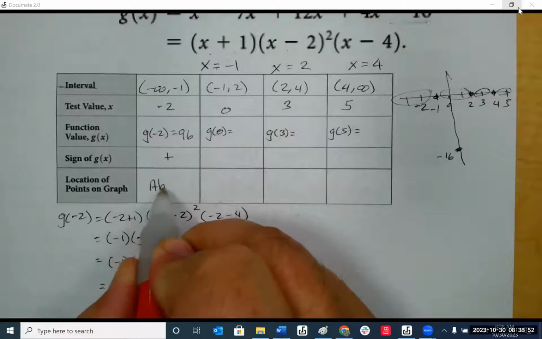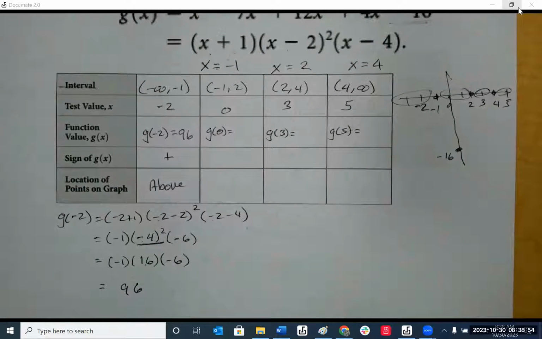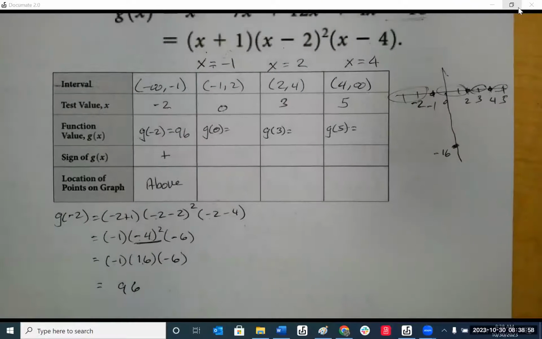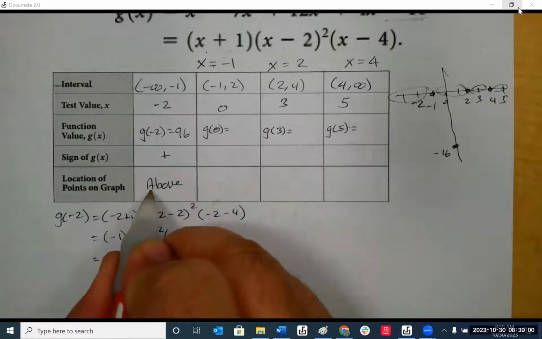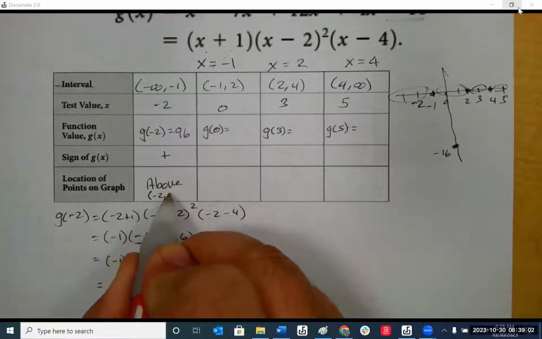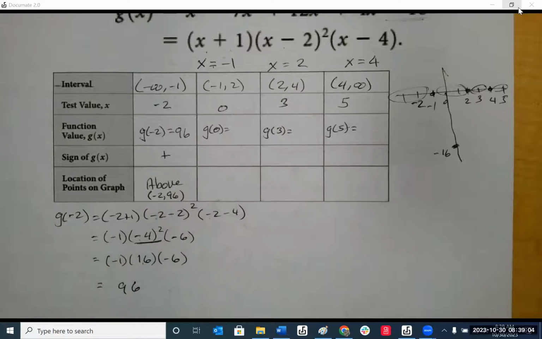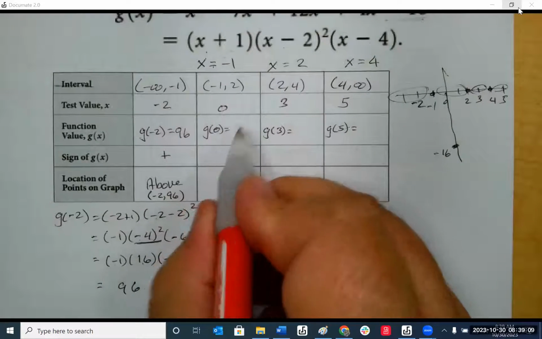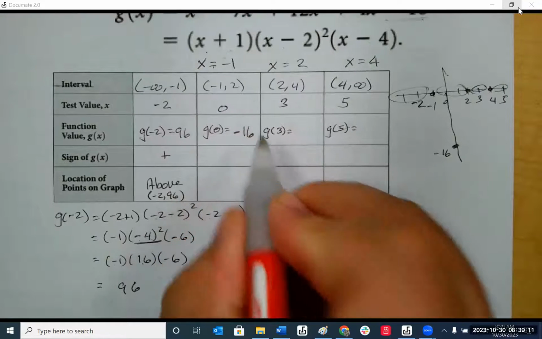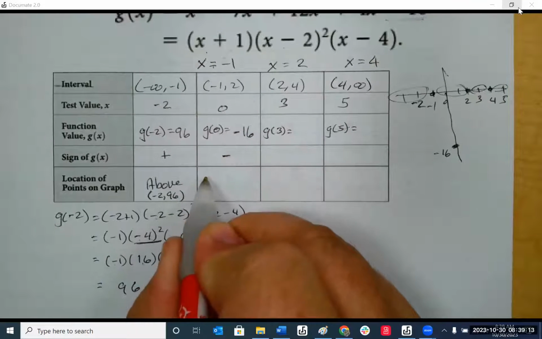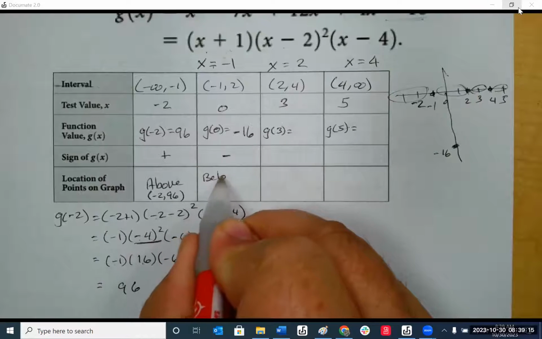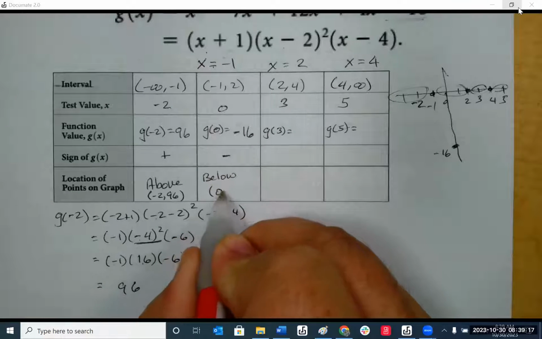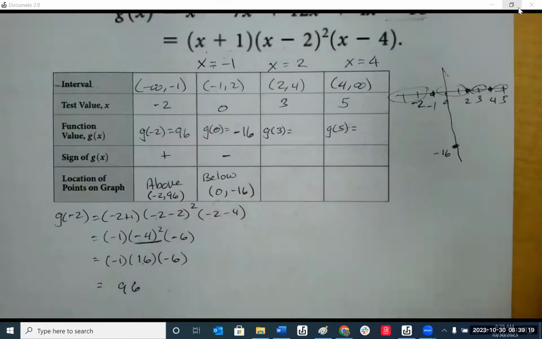That means it's above the x-axis. The point is going to be at -2, 96. At 0, it'll be -16. It's negative, it's below the x-axis. It's going to be at 0, -16, which is the y-intercept.